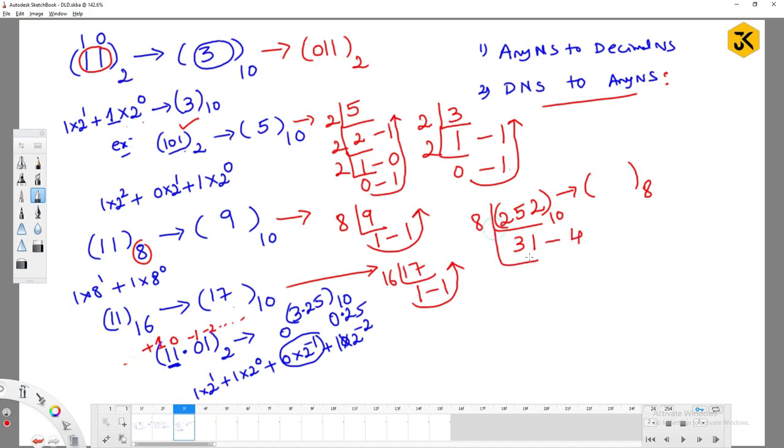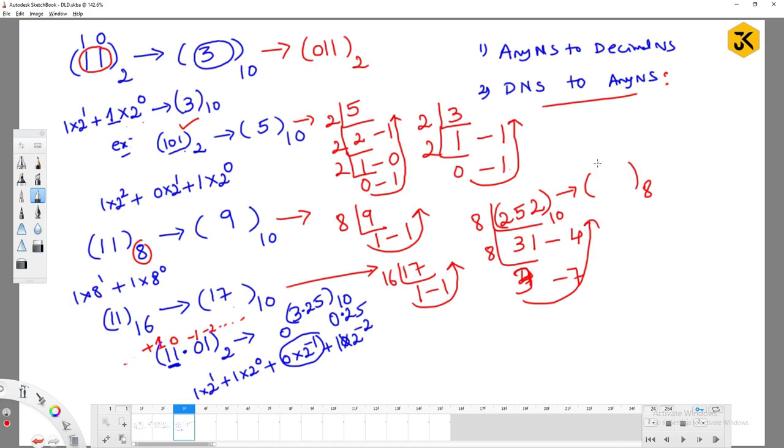Next, 8 4s are 32. So by observing your face, I am getting confused. 8 4s are 32, 8 3s are 24, remainder is 7. Can we stop here? Yes, right? So this is the corresponding octal number for the decimal number 252 base 10.